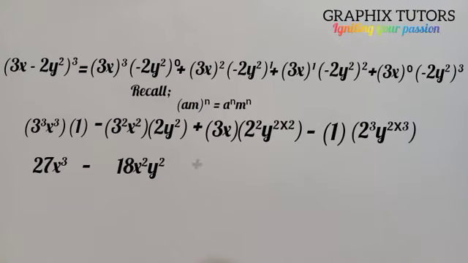Plus 3 multiplied by 2 squared. 2 squared is 4, and 4 times 3 is 12. So we're having 12x y to the power of 4. Minus 2 to the power of 3 is 8, so we're having 8 y to the power of 2 times 3, which is 6. So 8y6. This is what we're having there when you expand that.